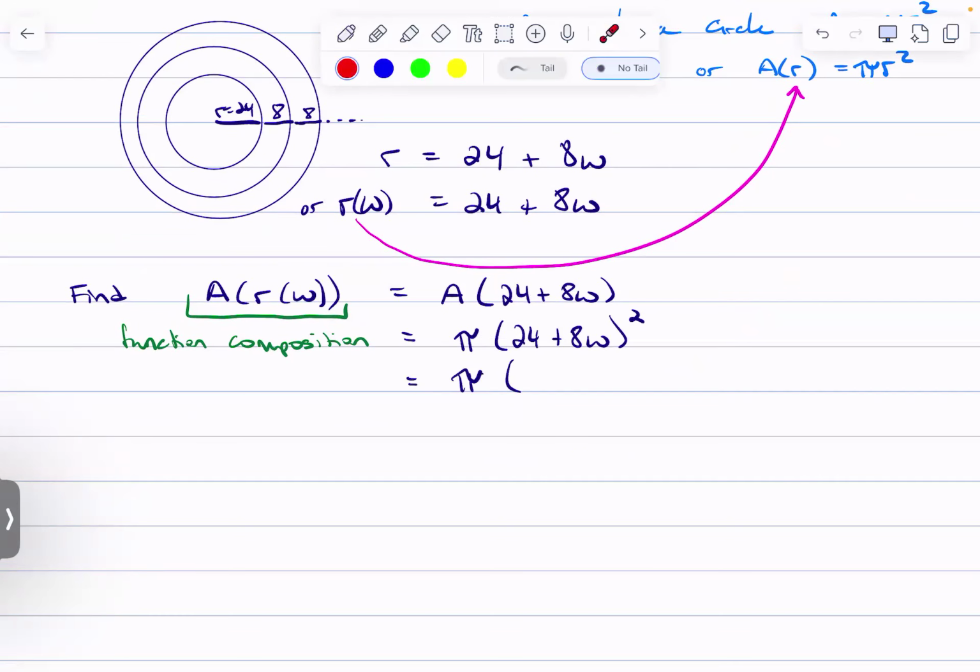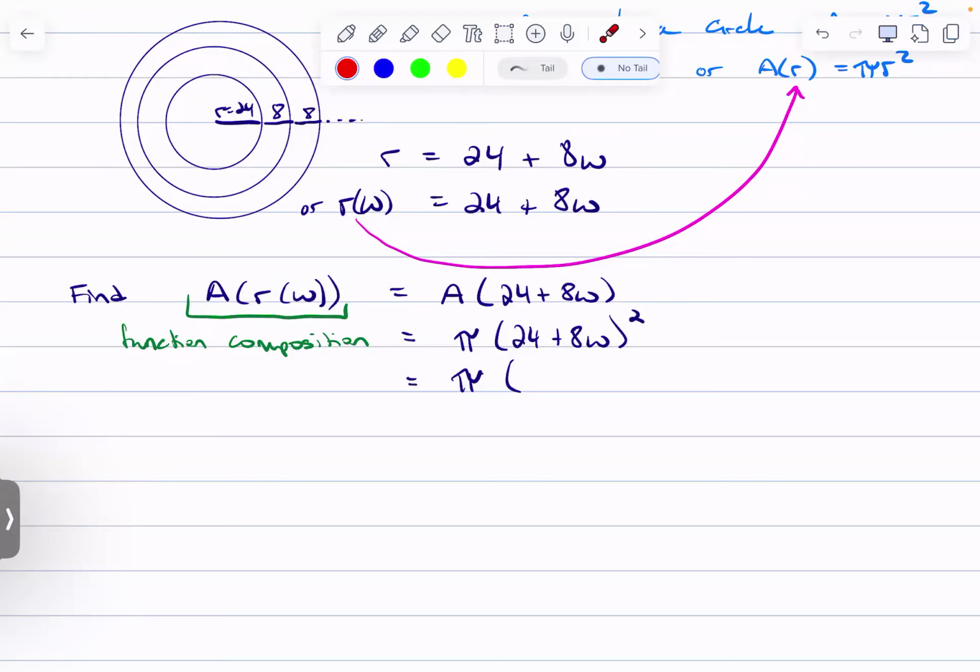How do you expand this thing? 24 plus 8W squared is 24 plus 8W times 24 plus 8W. You want to be really careful that you don't just expand the square inside because you'll miss some terms. I always have to write them out because I'm not very good at just seeing what the terms are.